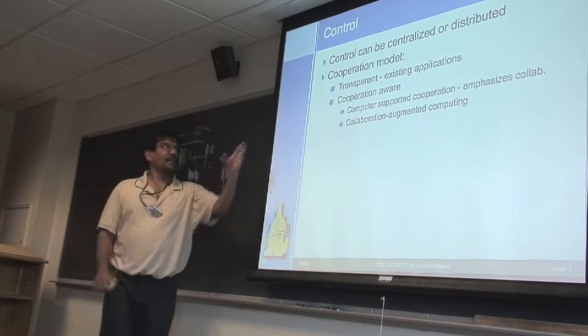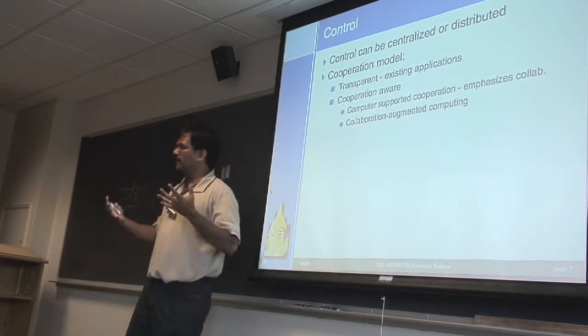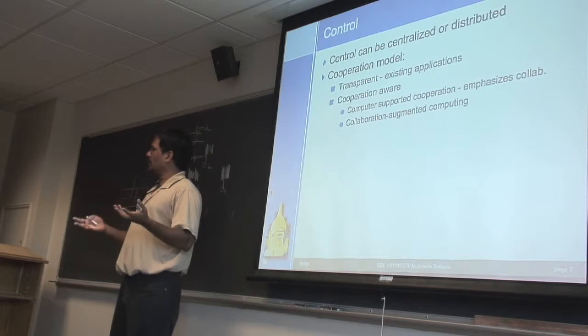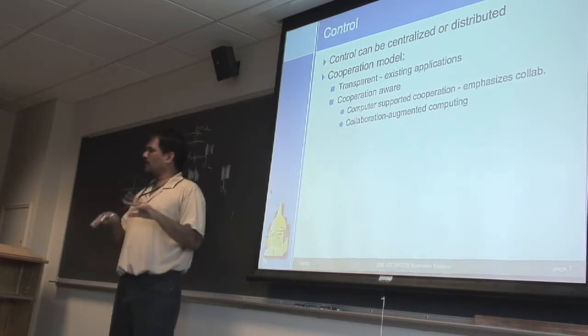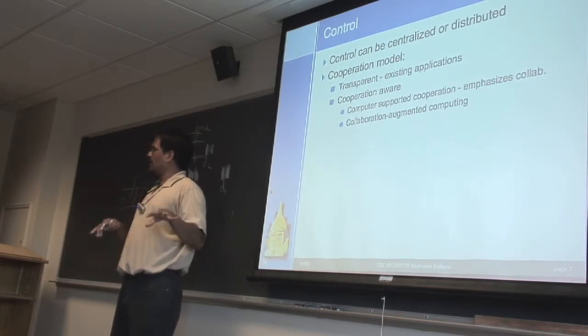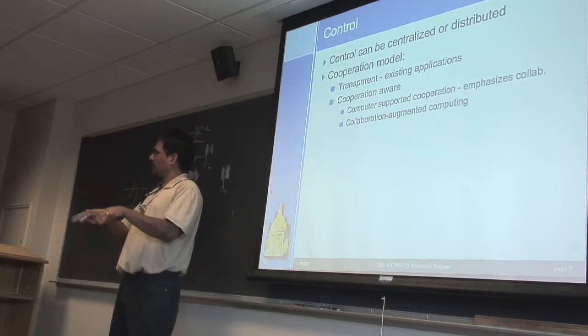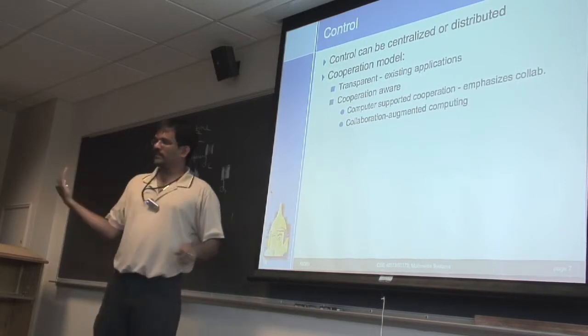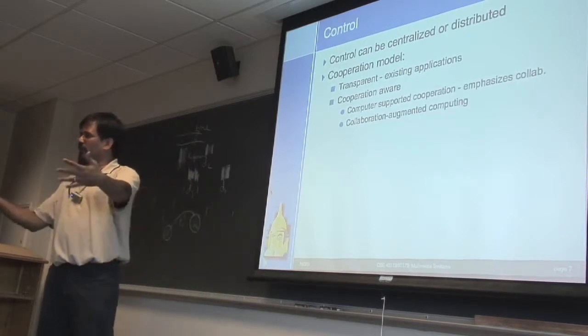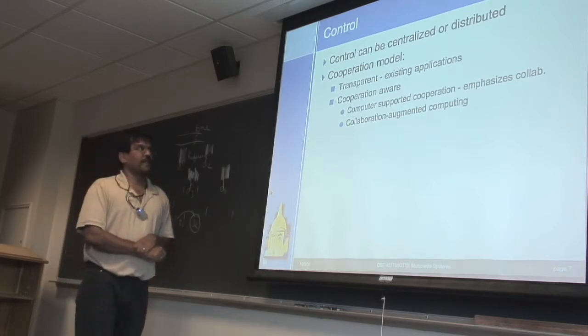And depending on how seamless the application is, you may or may not notice what is happening. So if you're doing a source code edit, I would not want it to be transparent, because I don't want to be changing something and somebody is changing without me being aware of what the changes are.